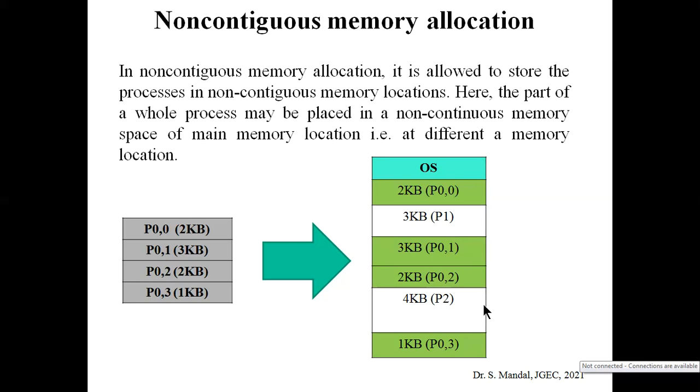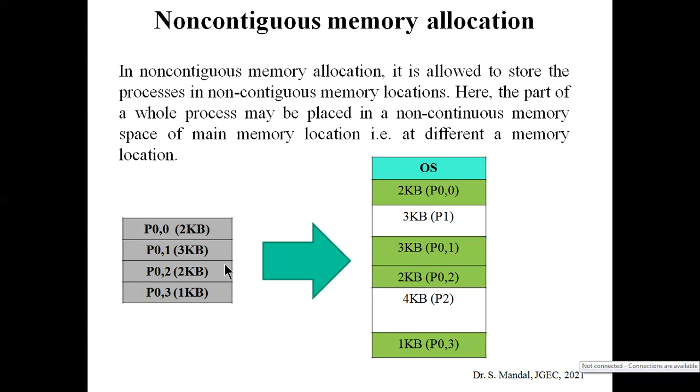Here the concept is that a process can be divided into parts. Consider process P0, and let's consider the size of the process is 8 kilobytes. If you are using contiguous memory allocation, we need to place the total 8 kilobyte process into a single partition.